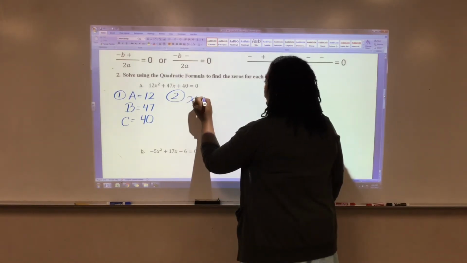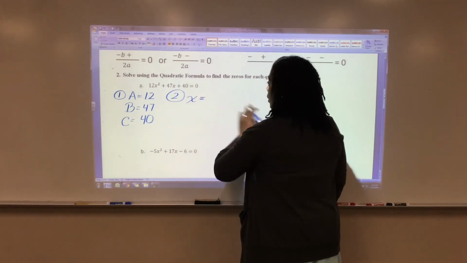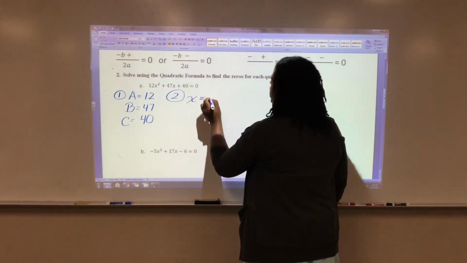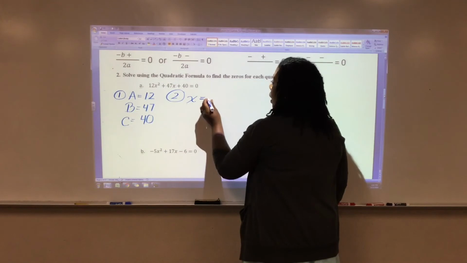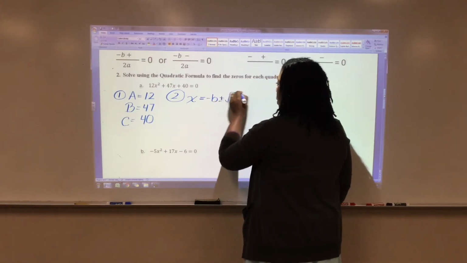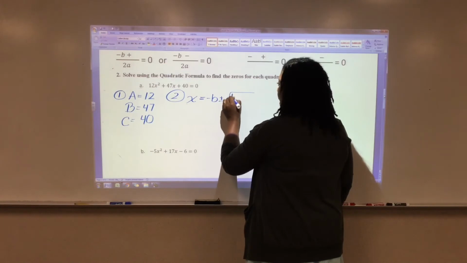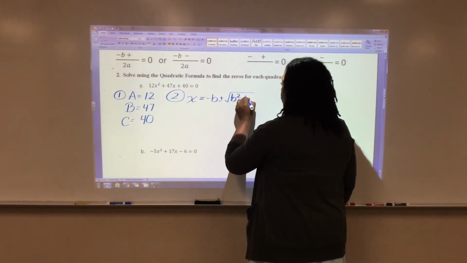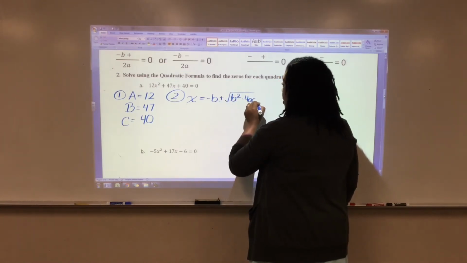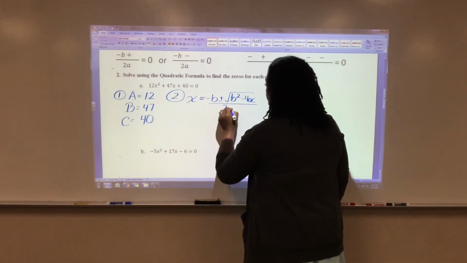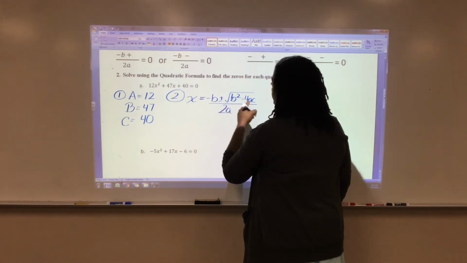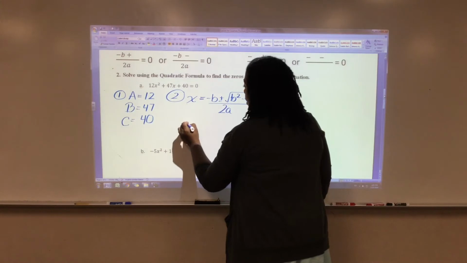Remember, you can look at the top of your paper to remember what the quadratic formula is, but for the purposes of this example, I'll rewrite it. So it's negative b plus or minus the square root of b squared minus 4ac over 2a. We're going to substitute for b, a, and c.